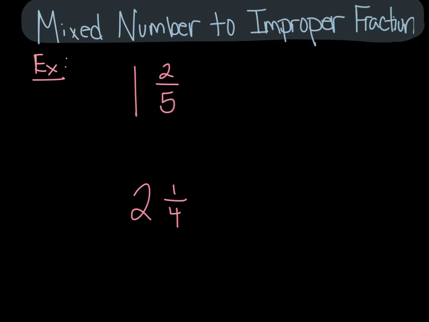Okay, converting mixed numbers to improper fractions is very simple to do. As long as you know how to multiply and add, you guys got this. Okay, before I convert this, I want to remind you guys when you would want to do this.